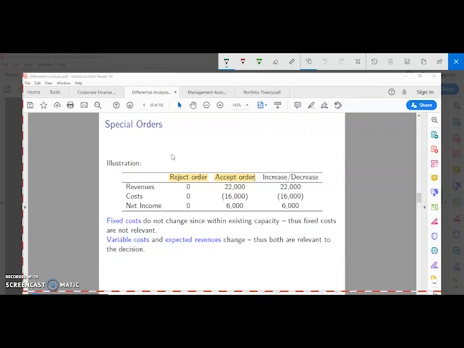We are supposed to calculate the revenue in case we accept the order. What will happen if we accept the order? In fact, you will be able to sell 2,000 units with the price of 11. So, of course, you will make $22,000 revenue.